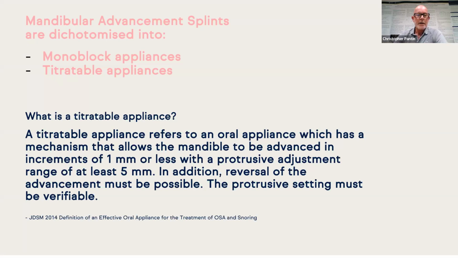So a titratable appliance refers to an oral appliance which has a mechanism that allows the mandible to be advanced in increments of 1 millimetre or less with a protrusive adjustment range of at least 5 millimetres. In addition, reversal of the advancement must be possible. The protrusive setting must be verifiable.